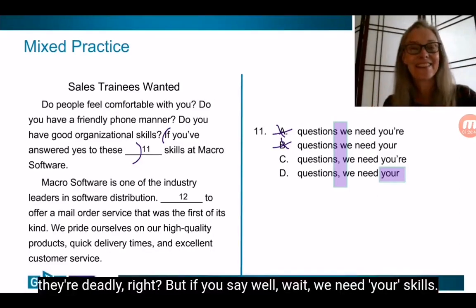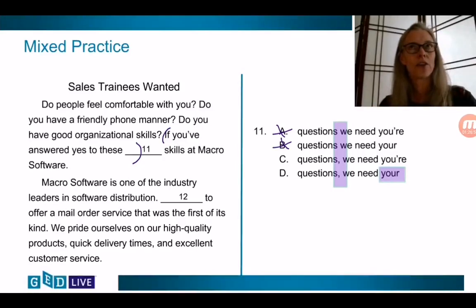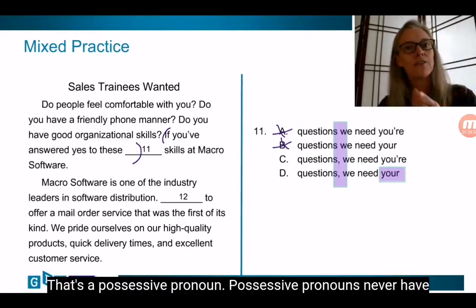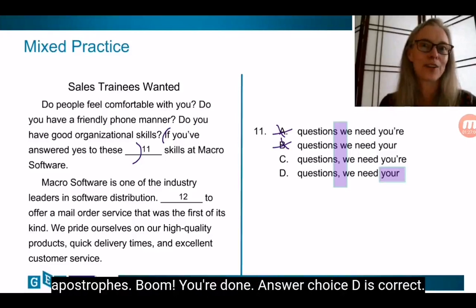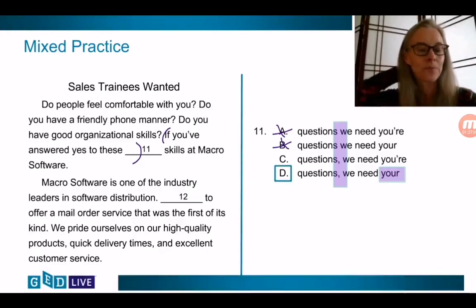They're deadly. But if you say, well, wait, we need your skills, that's a possessive pronoun. Possessive pronouns never have apostrophes. Boom, you're done. Answer choice D is correct.